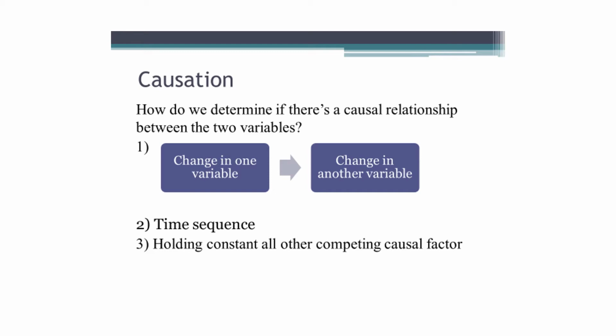How changes in the independent variable lead to changes in the values of the dependent variable. And when we talk about causality, cause and effect, causation, there's always a time sequence. Changes in the independent variable have to happen before or prior to changes in the values of the dependent variable.